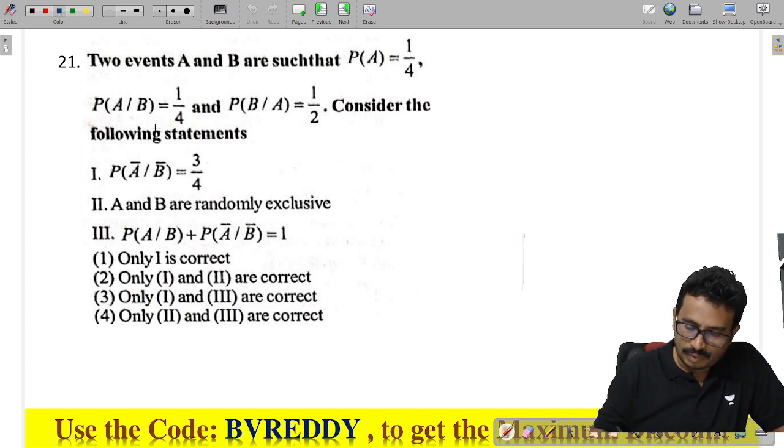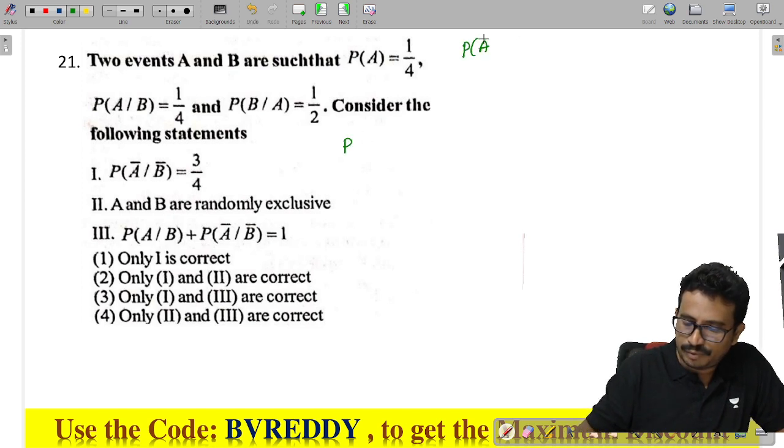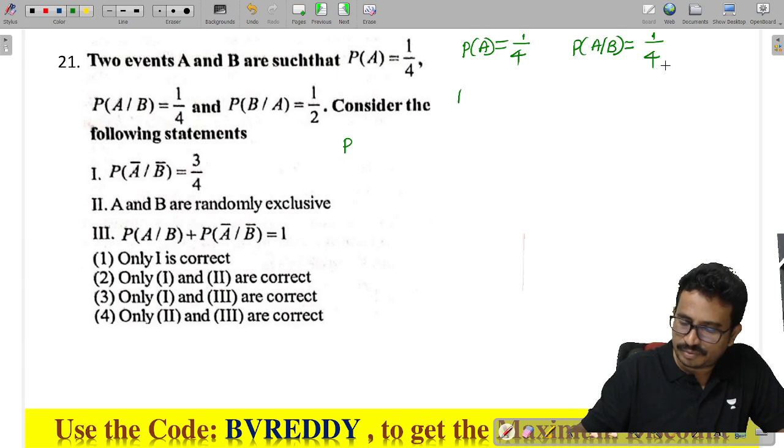Okay. Now from this you can see they given P of A, which is 1 by 4, and P of A by B, which is also given as 1 by 4.